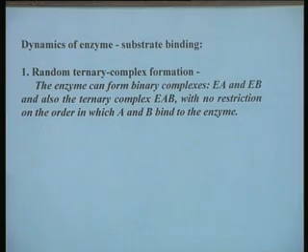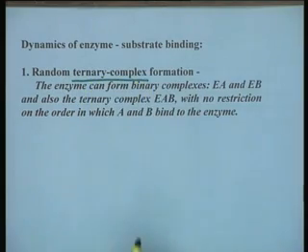The first form can be considered as the random ternary complex formation. When we are talking of an enzyme and 2 substrates, there is quite a logical choice that we might end up with, instead of a binary complex, a ternary complex. That means E, A and B, all 3 are combined together before a product formation takes place.